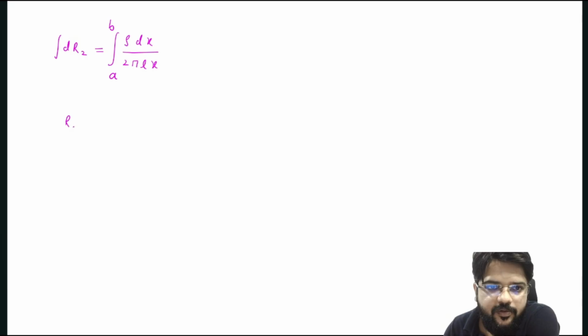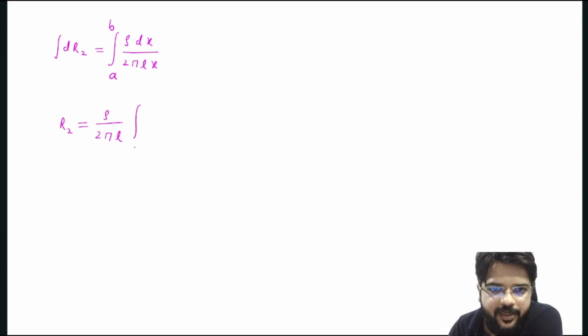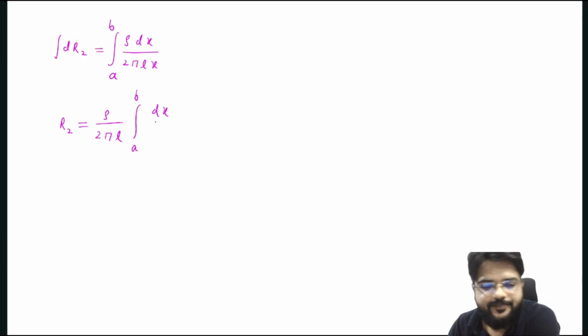It is R2, correct? And rho by 2 pi L is constant, put outside the integration. The limit is a to b, dx by x. So 1 by x dx, like this we will write.